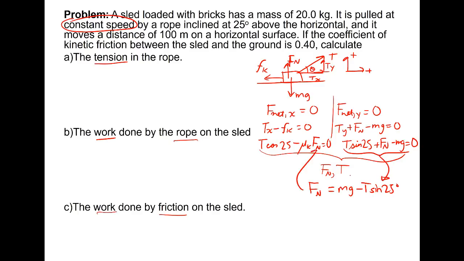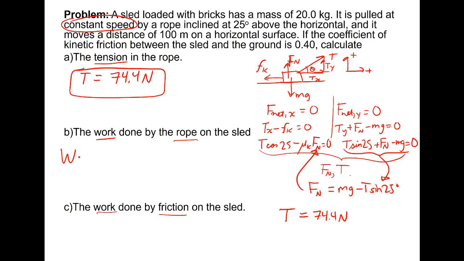And then we can plug that in here and eventually solve that for the tension, which is going to be 74.4 newtons. Okay, so the tension will be 74.4. And again, I'm not really taking a lot of time for this algebra right now, but this is how we would set it up.